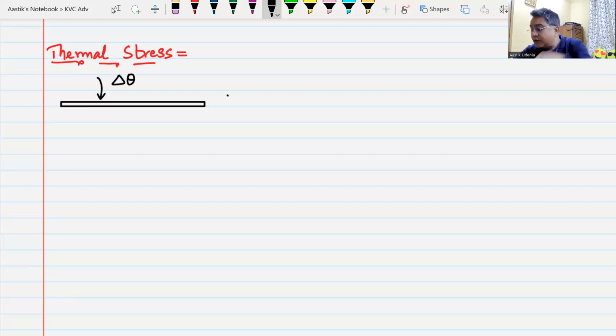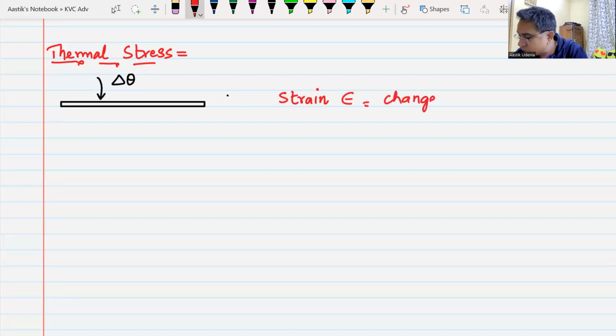Now, whenever we talk about this word strain, and we will understand this term strain, I represent it by epsilon. This is the change in dimension upon the original dimension.